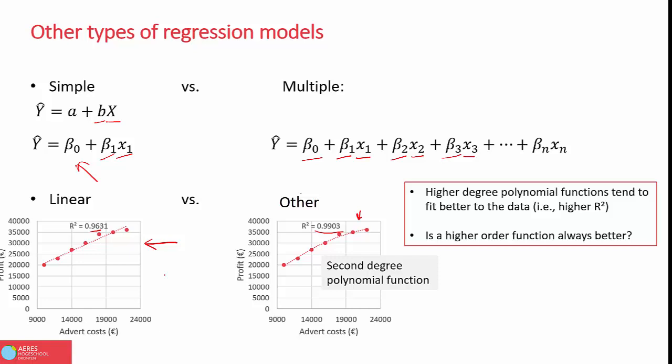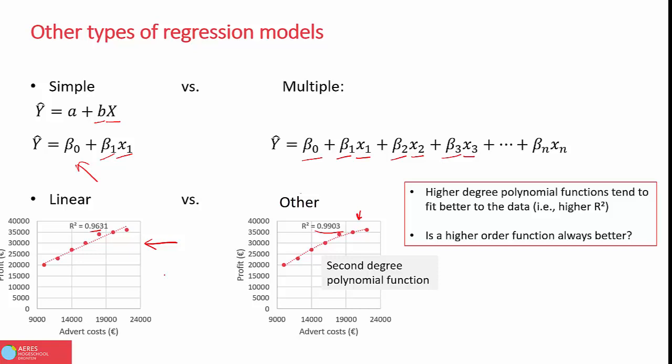The question that we have to ask ourselves is, okay, we find a higher R square value, which is generally true when we use a higher order polynomial function. But you can ask yourself whether these more complex equations to find a relationship between the two variables are always better. This is not always the case, but this is something that's beyond the scope of this video.